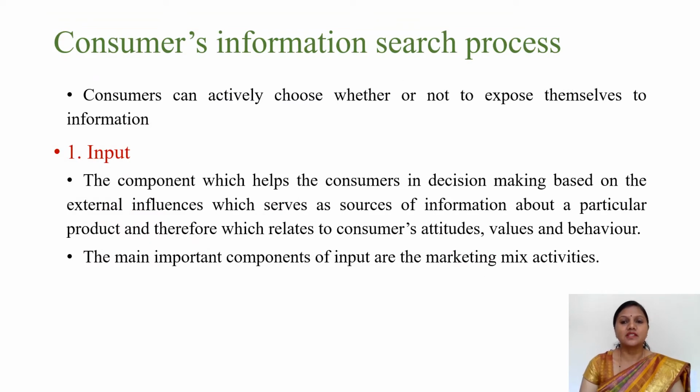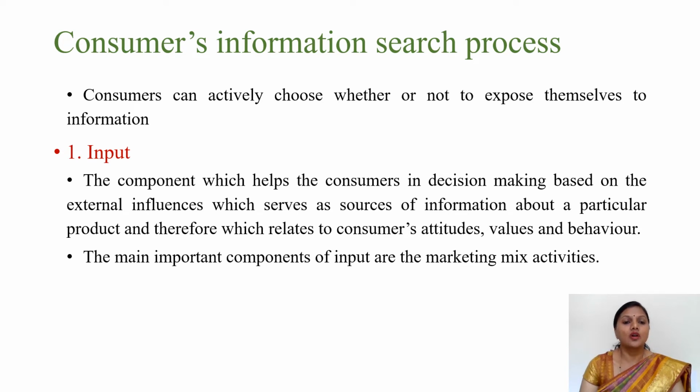Consumers' information search process. Consumers can actively choose whether or not to expose themselves to information through the three processes, that is input, process and output. So let us see one by one in detail.